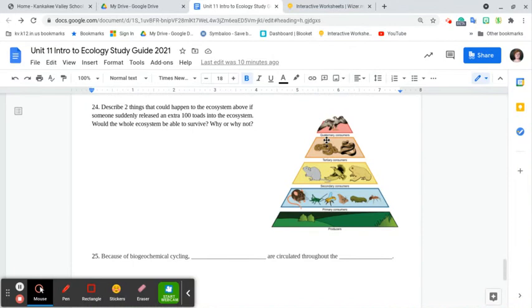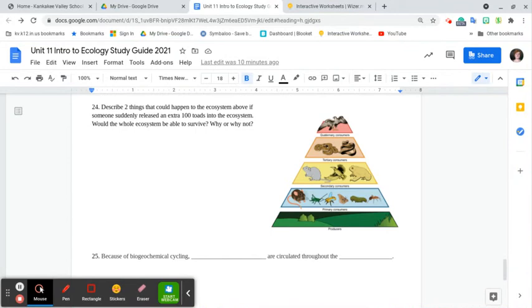Because what's going to happen is these guys, the tertiary consumers, are going to get nice and fat by eating the extra toads, and then the quaternary consumers will be able to eat these. So is the balance going to get fixed fast enough? It's only 100 extra toads. I would almost need to know how big this particular ecosystem is.